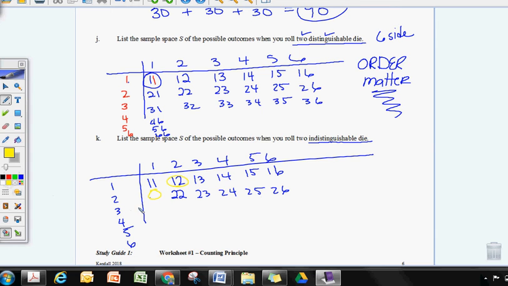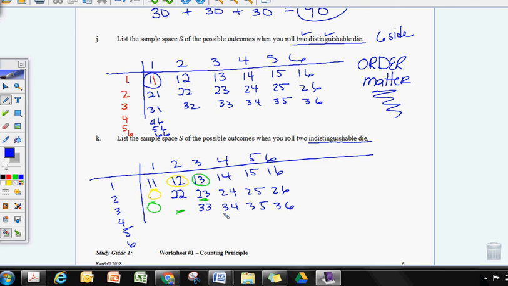So now on the next row, 3 with 1 is the same as 1 with 3, and 3 with 2 is the same as 2 with 3. So in this case, I start with 3 and 3, 3 and 4, 3 and 5, 3 and 6.